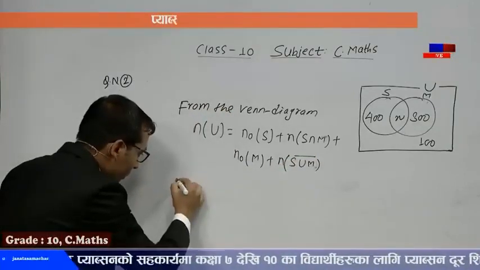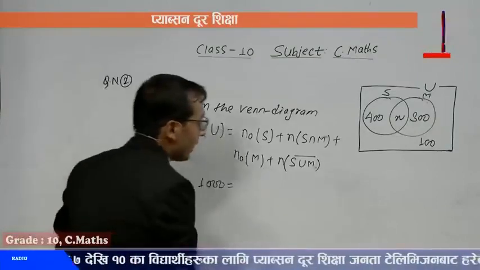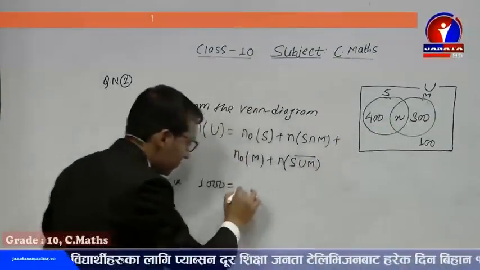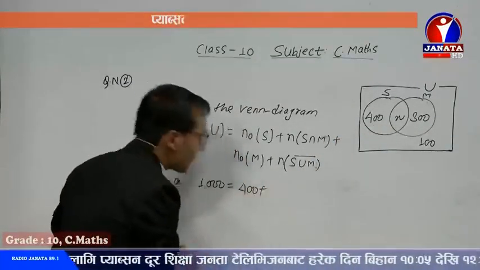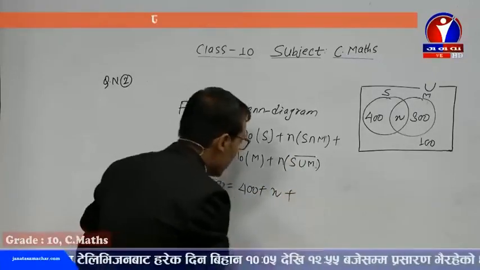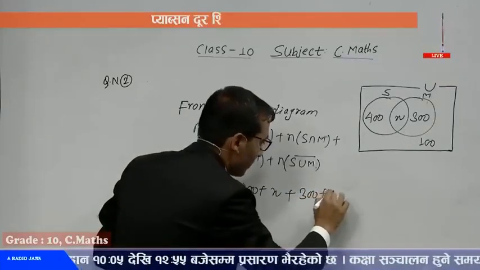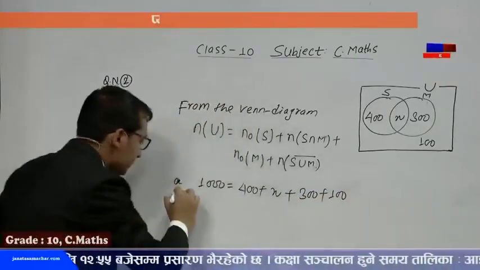So n(U) we have 1,000. What is n(only S)? 400 plus the intersection X, that is to be calculated. What is n(only M)? 300 plus the complement, 100.